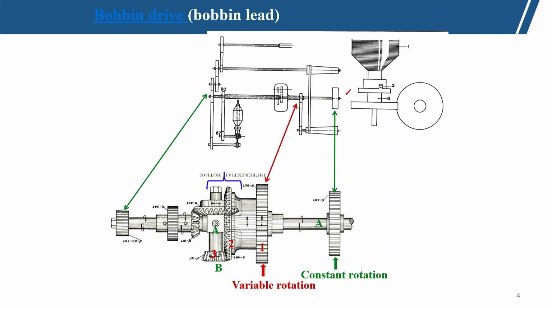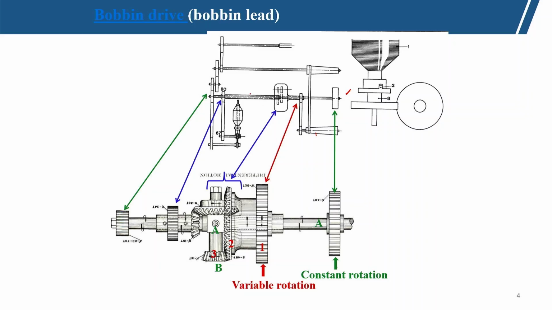Another is the variable motion, shown in red color, coming from the bottom cone drum. These two motions are superimposed through the differential gear arrangement and we get the blue color output, and this variable motion goes to the bobbin. This is the hollow shaft, and it gives drive to the bobbin driving roller, 80 teeth, and from there the drive goes to the bobbin.